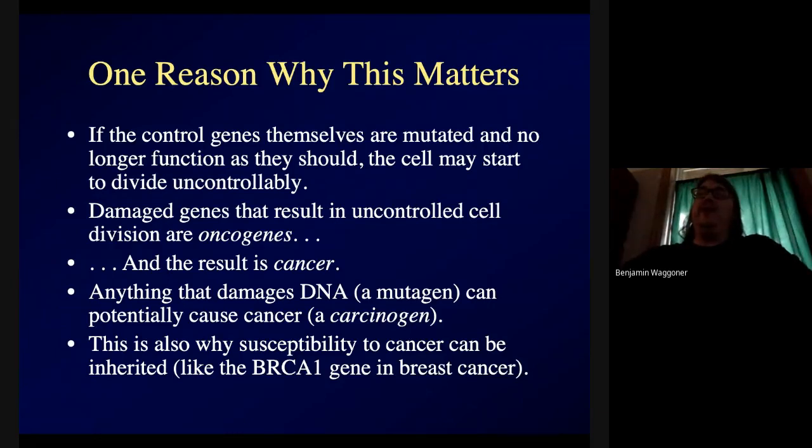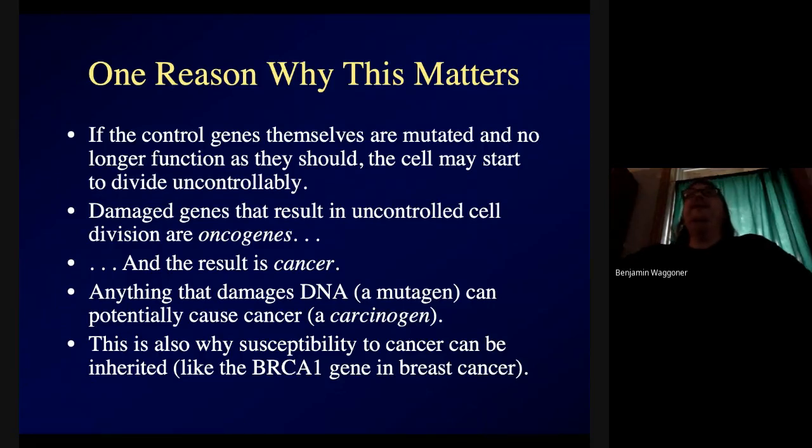There's a gene called BRCA1, and if you inherit a particular allele of BRCA1, you inherit a gene that's no longer as effective at controlling cell division, and that increases your risk of breast cancer. So you can now get tested for your BRCA1 alleles.